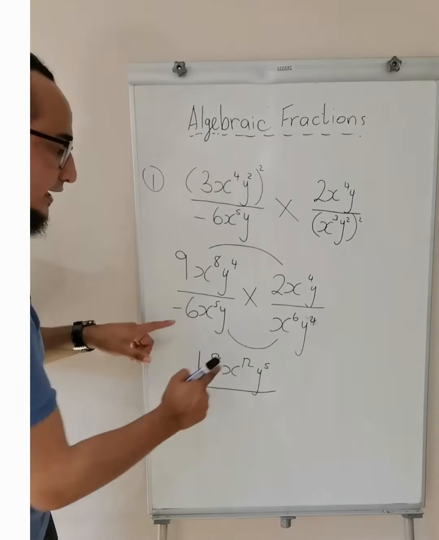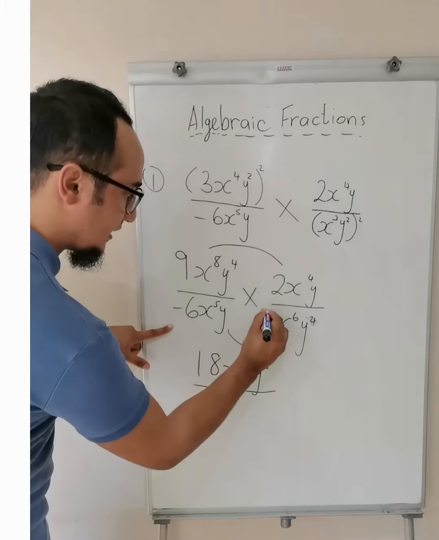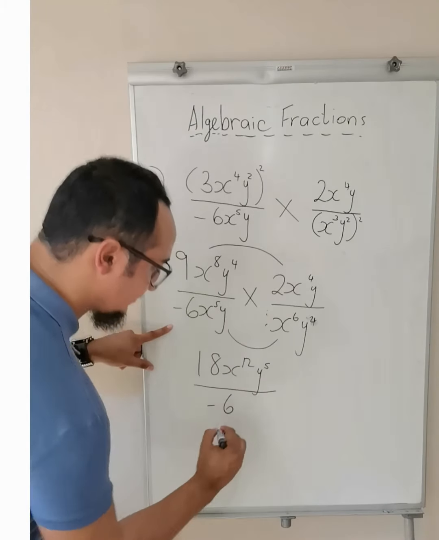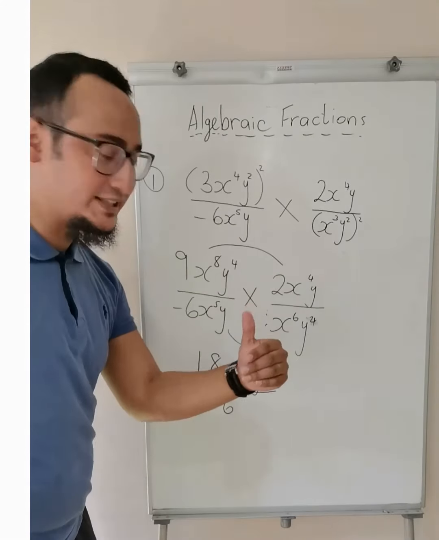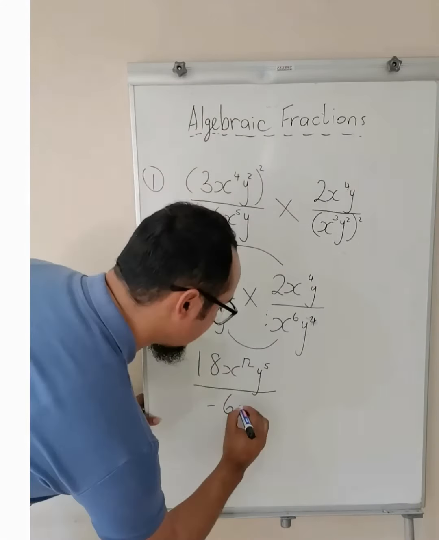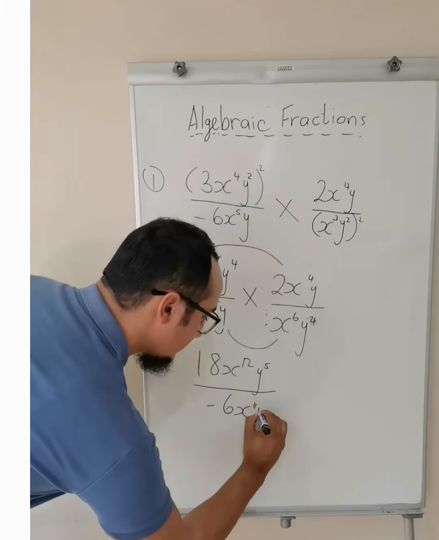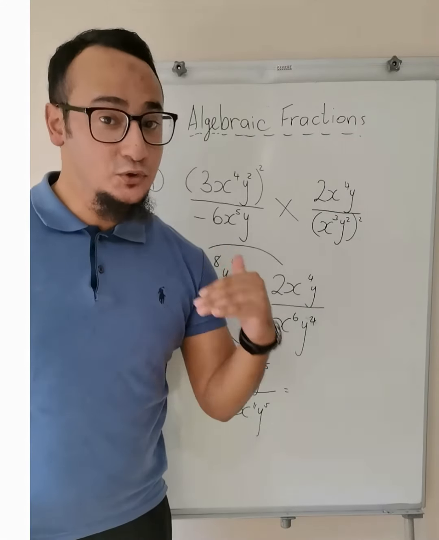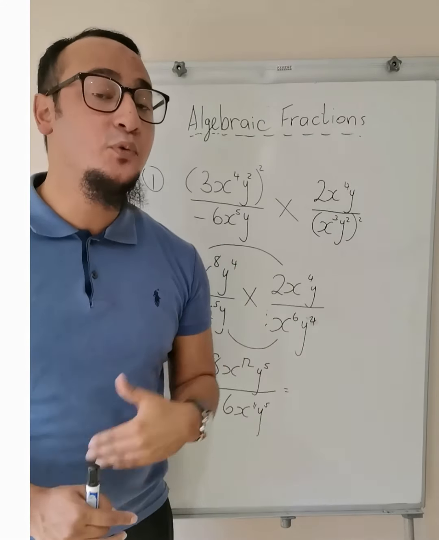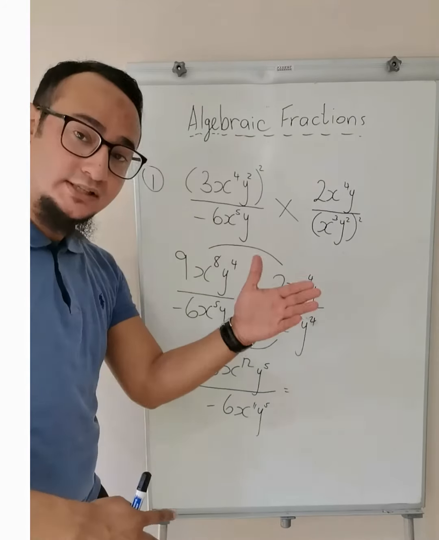Divided by, right? Multiply these two denominators. Negative 6 times your imaginary 1 is negative 6. X to the power of 5 multiplied by x to the power of 6. 5 plus 6 is equal to 11. And y times y to the power of 4 is equal to y to the power of 5. Okay, now what do I do next? I divide. And remember, when I'm dividing, I divide normal numbers as is.